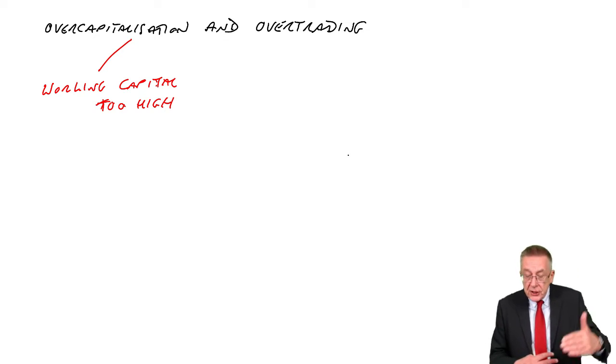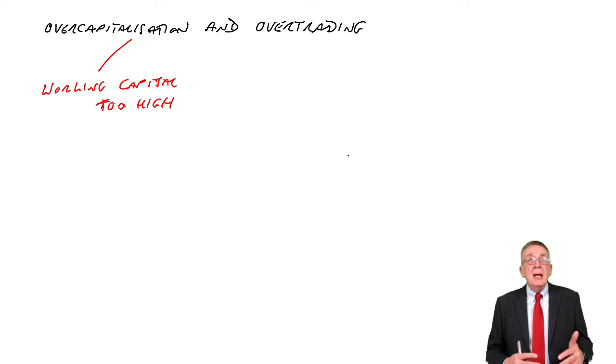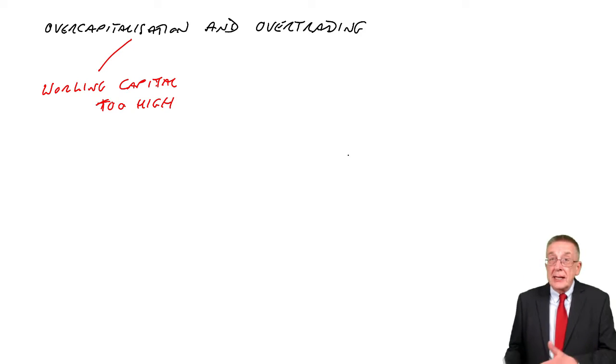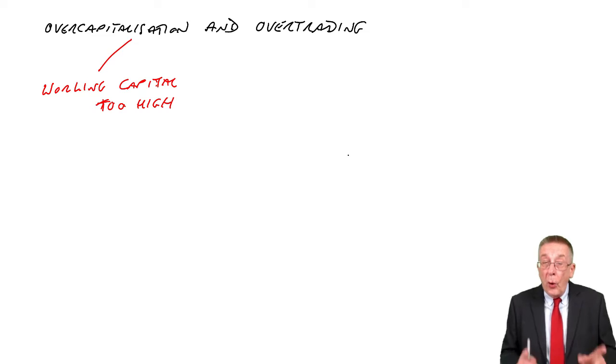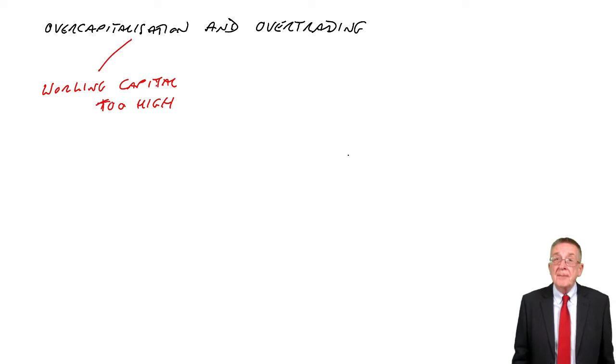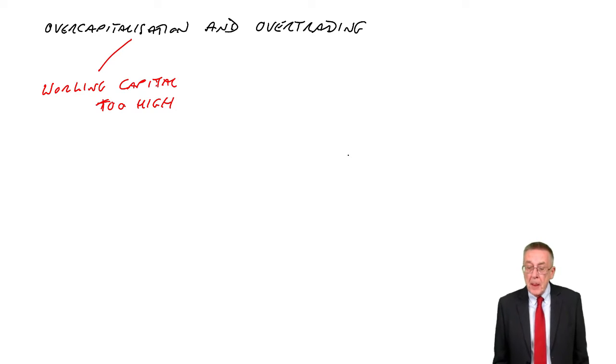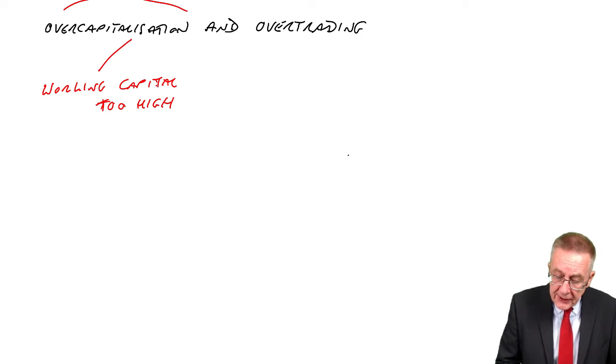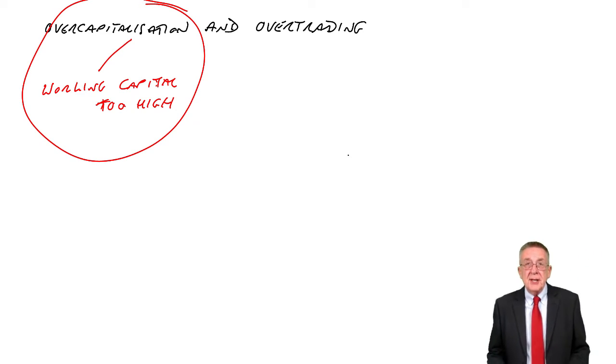We'd be better to reduce our working capital and use the money to either repay some of the borrowings or to invest in new machines, etc., to expand the company. So I've already said enough about overcapitalisation.